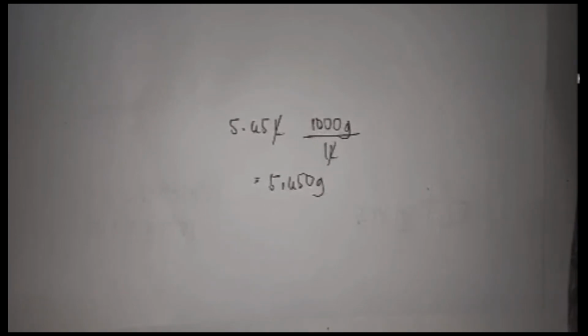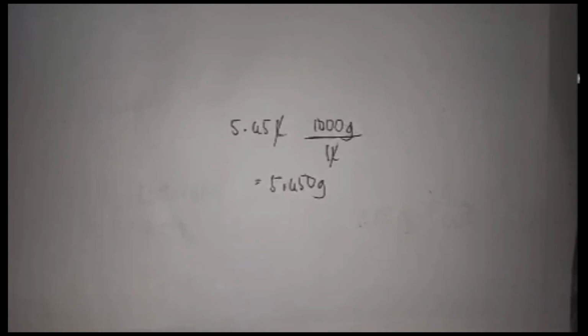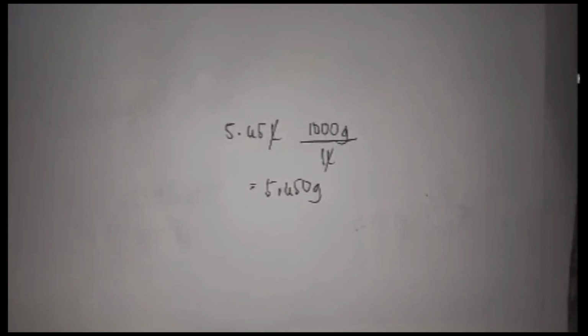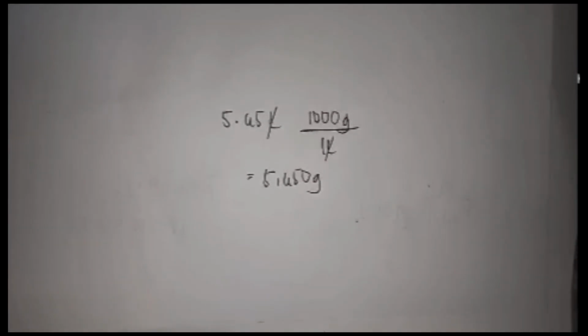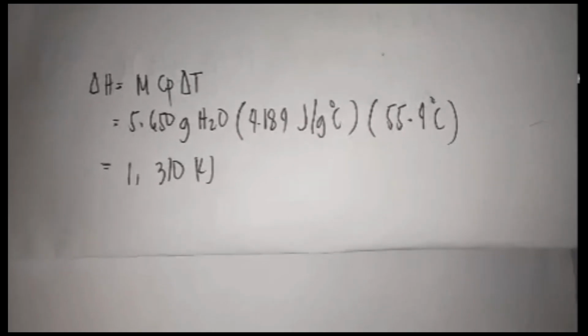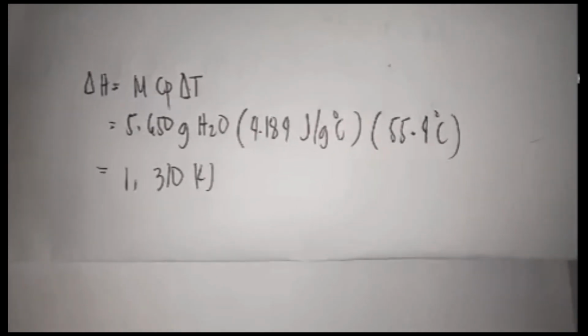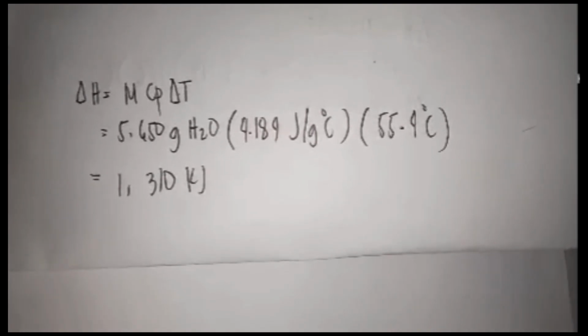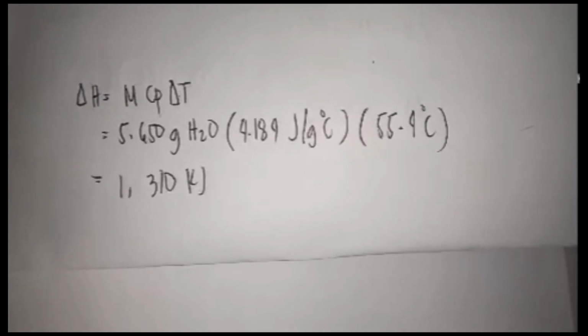In 1 liter we have 1000 grams, so we'll cancel the same units and be left with 5.65 times 1000 grams. Then we'll get 5,650 grams. Now we'll fill in what's needed with the given terms. 5,650 grams of water is the mass.